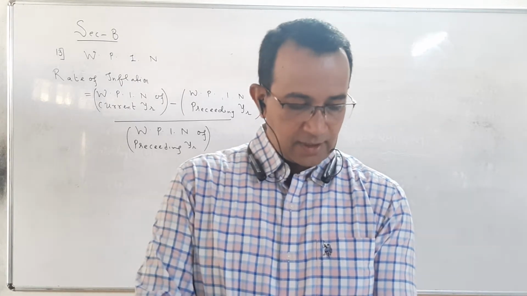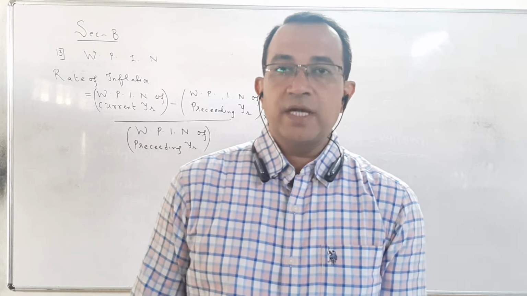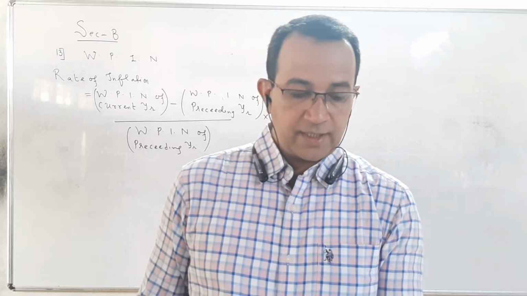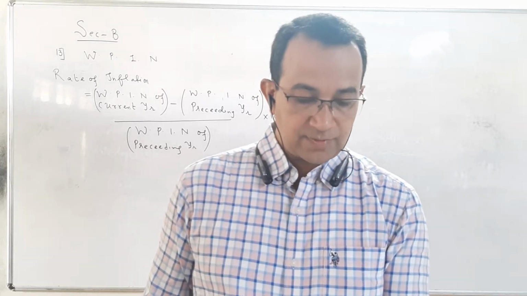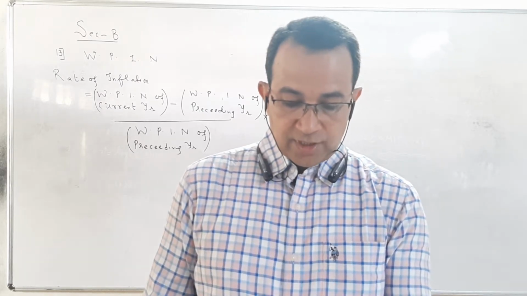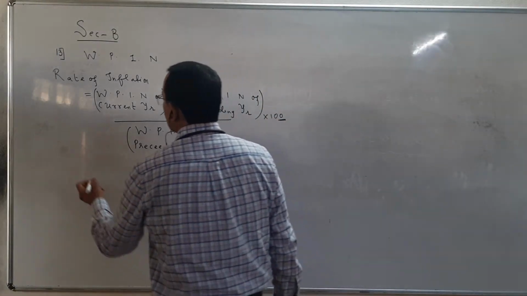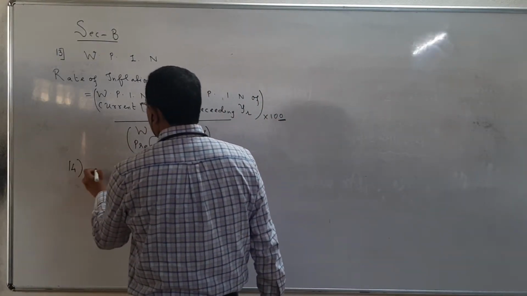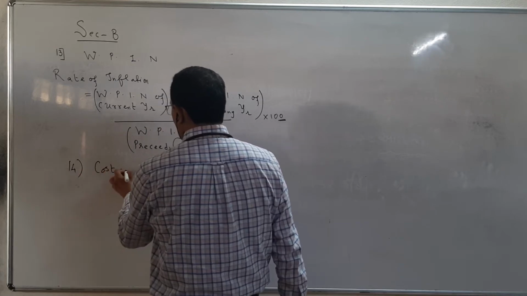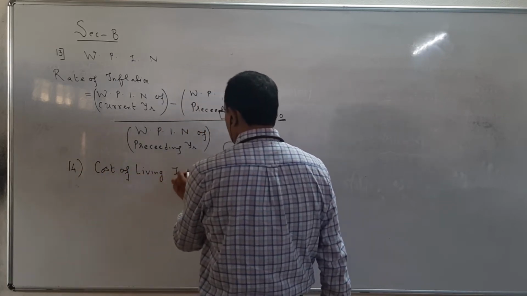It is not given in the list of formula, but it is given when we have studied the different types of index numbers. Now students, which index number is used in India to find the rate of dearness allowance? The answer is cost of living index number.